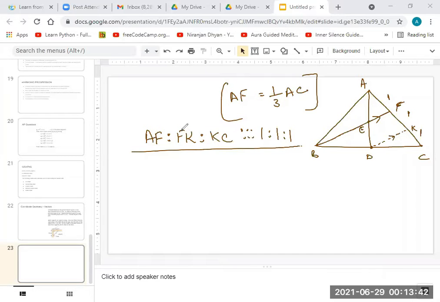How would you do that? See, BD is equal to DC. AE is equal to ED. How would you prove that AF is equal to 1 by 3 of AC?